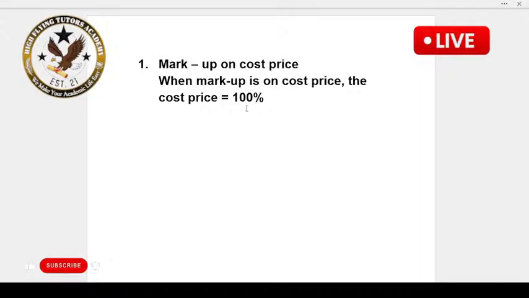Before you do any calculations of markup, you need to determine the percentages. You need to know the amount given.